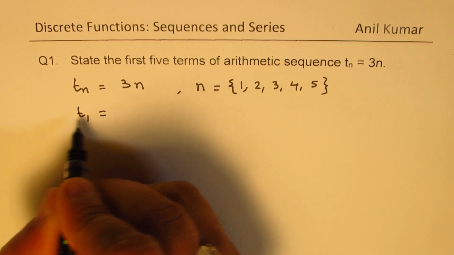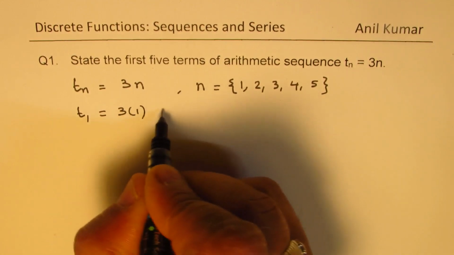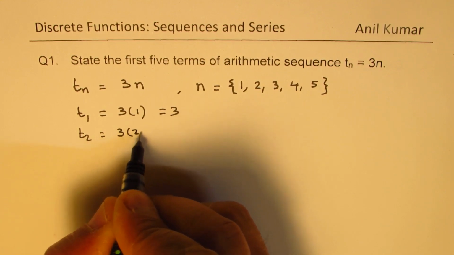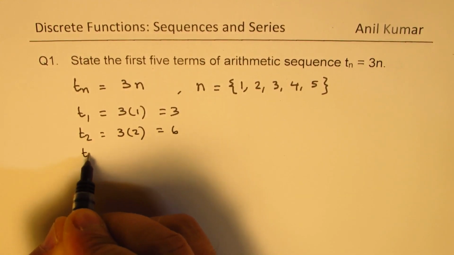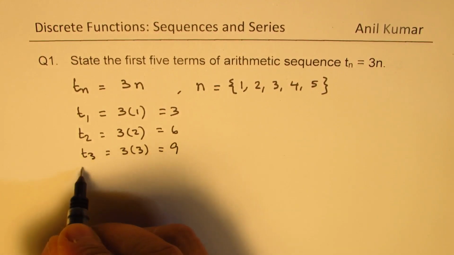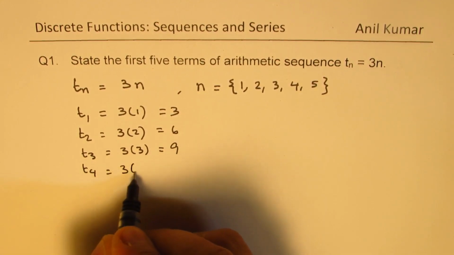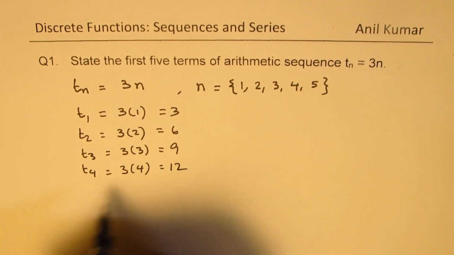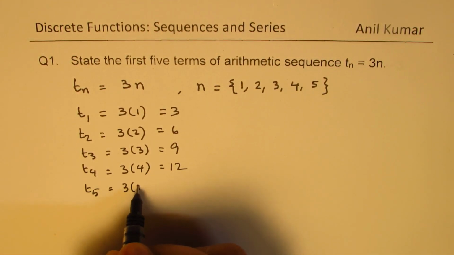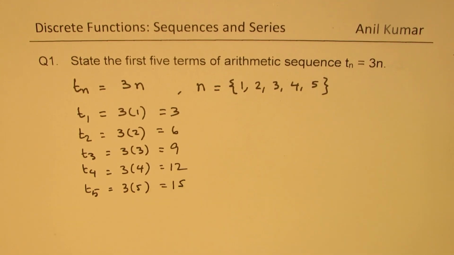So for T1, the first term will be 3 times 1, which is equal to 3. The second term will be 3 times 2, which is 6. The third term will be 3 times 3, which is 9. The fourth term will be 3 times 4, which is 12. And the fifth term will be 3 times 5, which is 15.